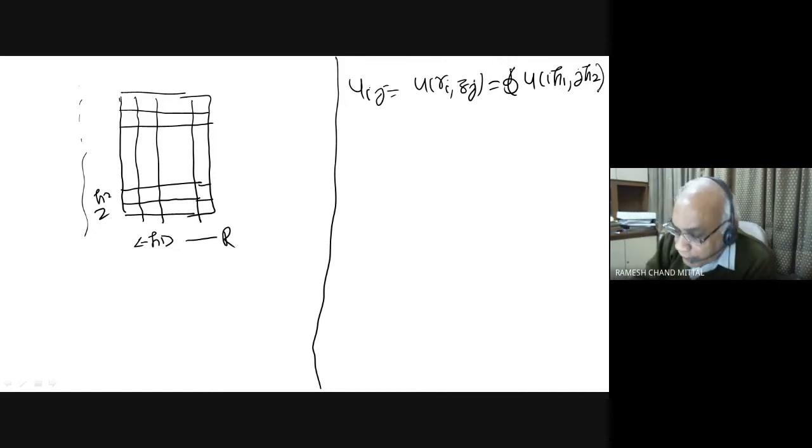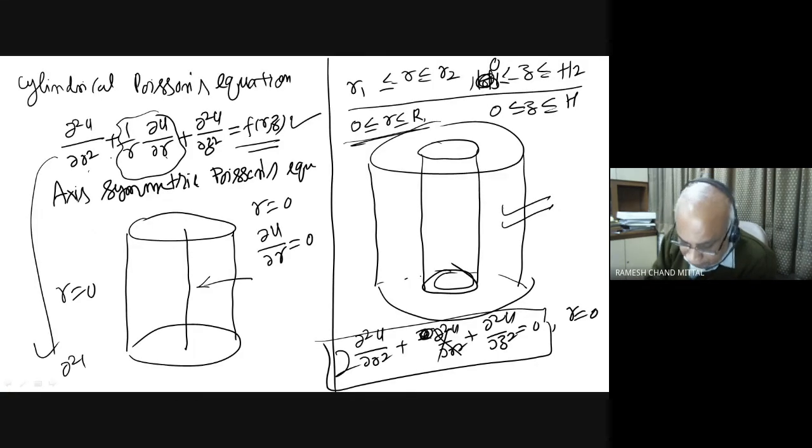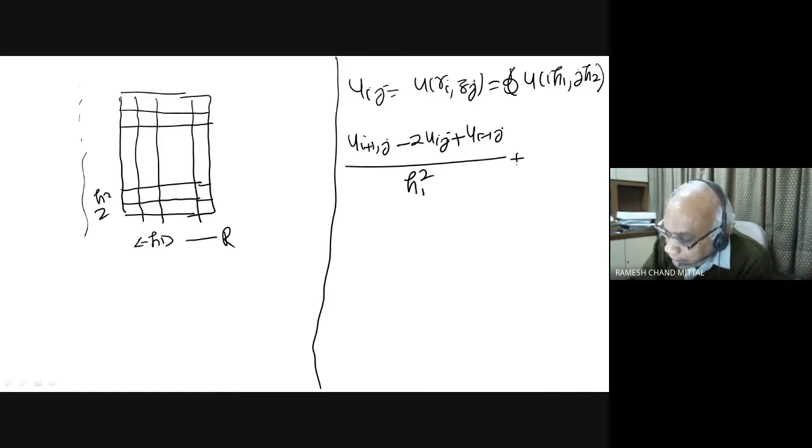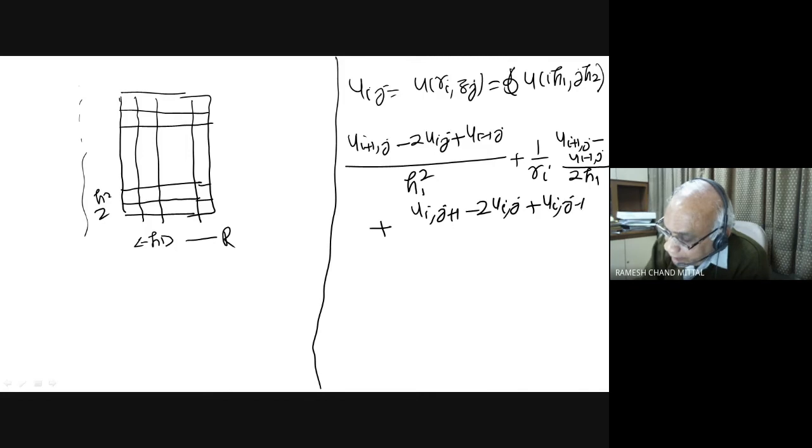So my equation will be: (U(i+1,j) - 2Uij + U(i-1,j))/H1 squared, plus 1 upon Ri, because my equation has Ri, and at the moment I am not bothering about 0, so my 0 is not a part of this, times (U(i+1,j) - U(i-1,j))/2H1 for du by dr of second order, plus (U(i,j+1) - 2Uij + U(i,j-1))/H2 squared, equal to Fij.